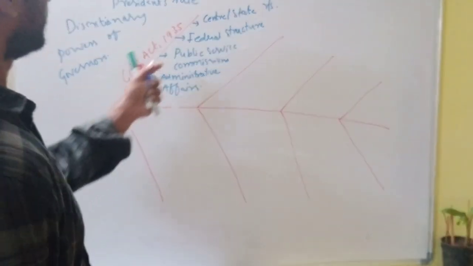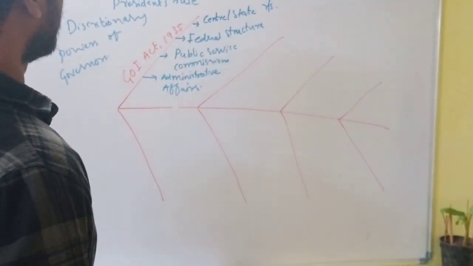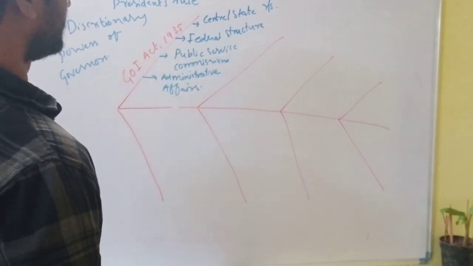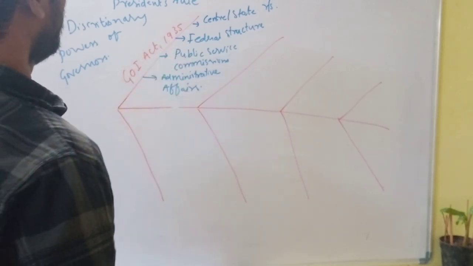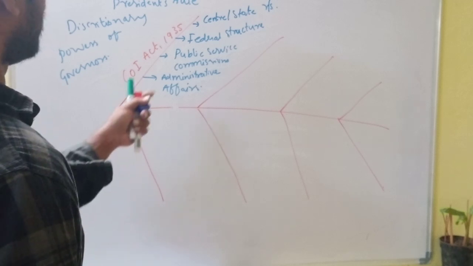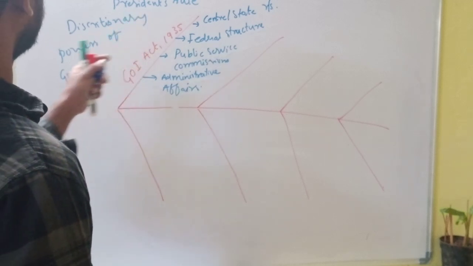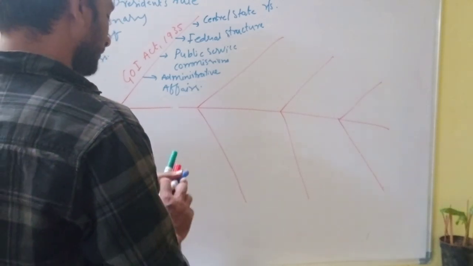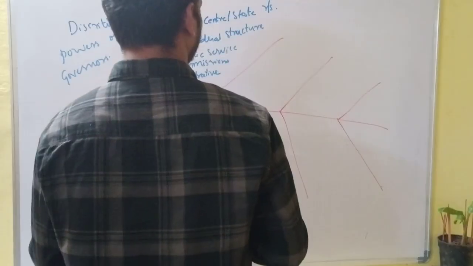So these are the provisions Indian Constitution has taken from Government of India Act of 1935. What are they? Center-state relationships and federal structure, public service commissions and administrative affairs, and president's rule, discretionary powers of governor.